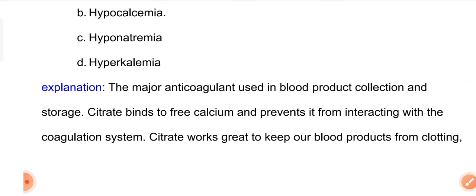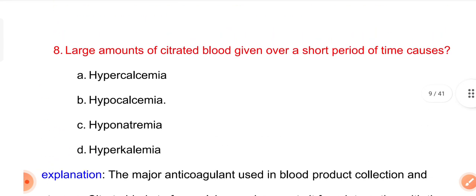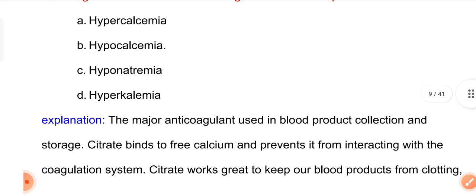The explanation for this question: citrate is the major anticoagulant used in blood product collection and storage. In blood products, a high amount of anticoagulant is used to prevent blood clotting, and that is called citrated blood.